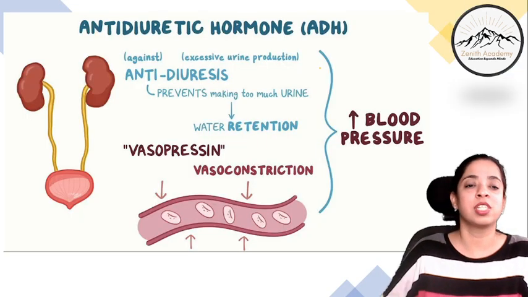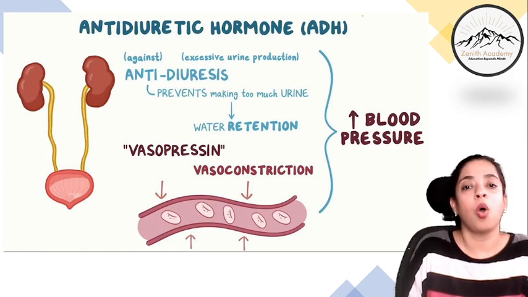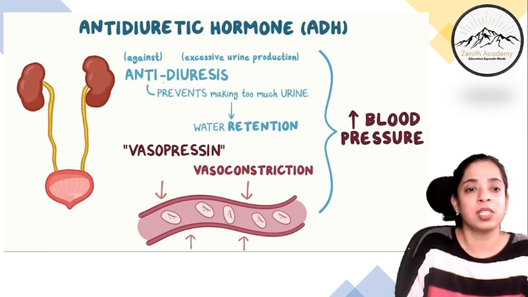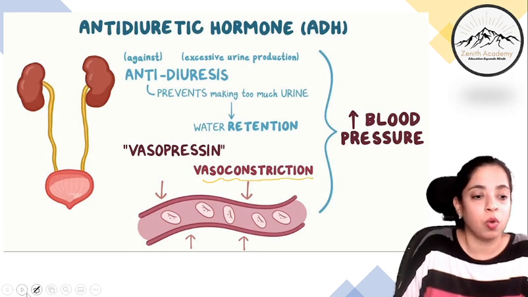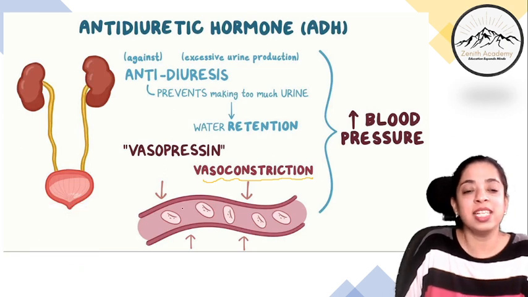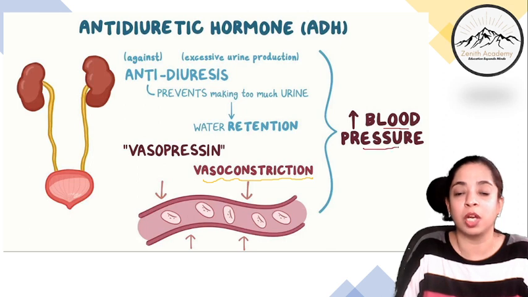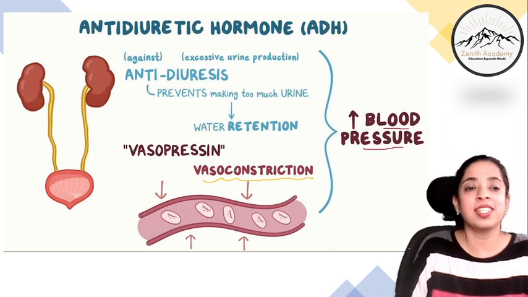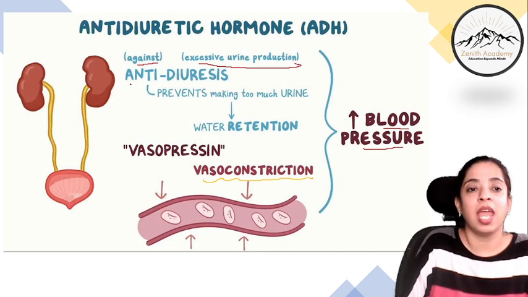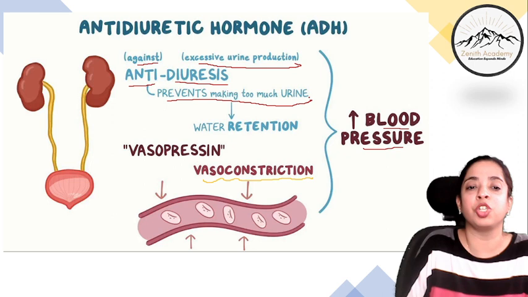So see here, what is the function of this antidiuretic hormone or vasopressin? First of all, vasoconstriction is its function. In this, the blood vessels are constricted and this increases the blood pressure. Next is, it is against excessive urine production. Antidiuresis means it prevents making too much urine.